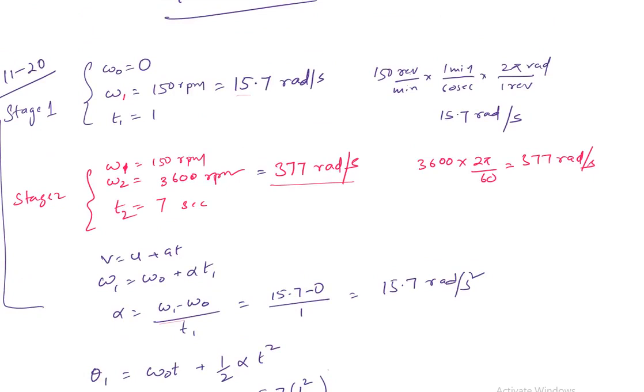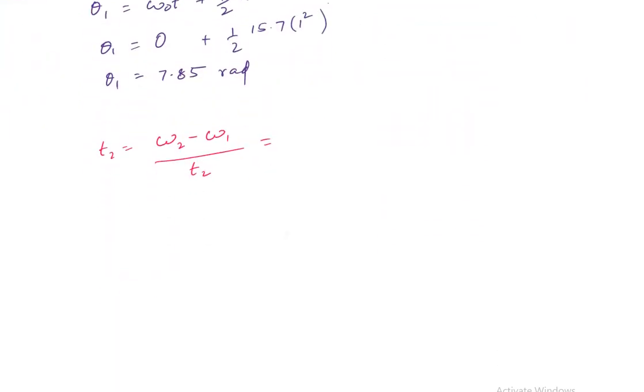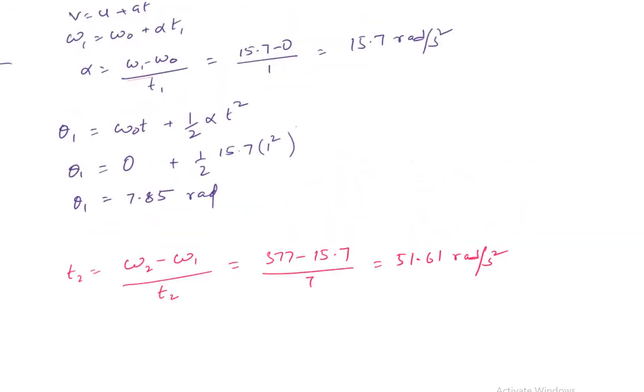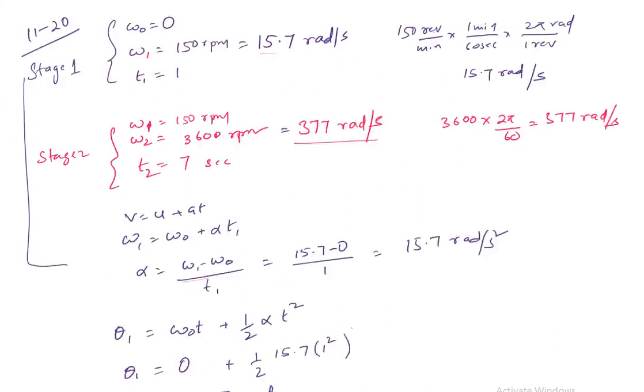So 377 minus 15.7 divided by 7 seconds comes to 51.61 radians per second squared. This problem is actually very simple.